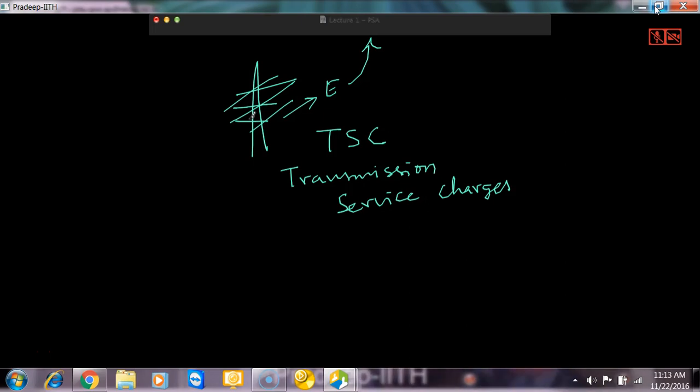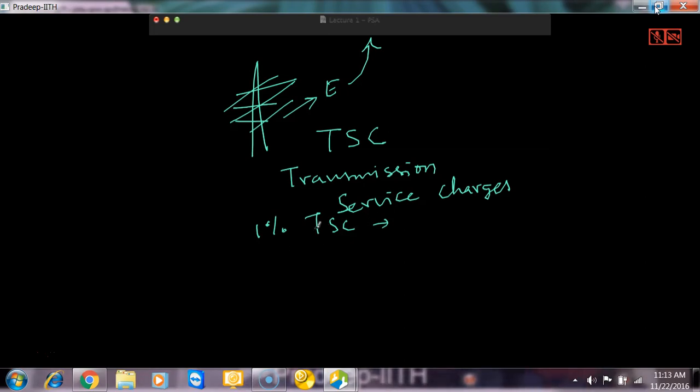So transmission service charges. Even if you take 1%, and I already said the losses themselves are about 5%, so 1% of transmission service charge is not very high, and it is like the normal price.